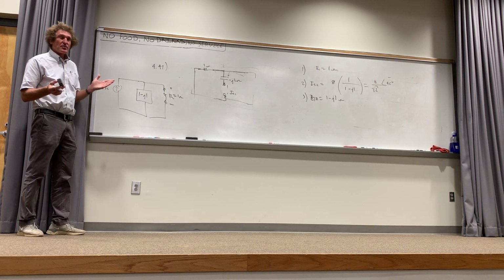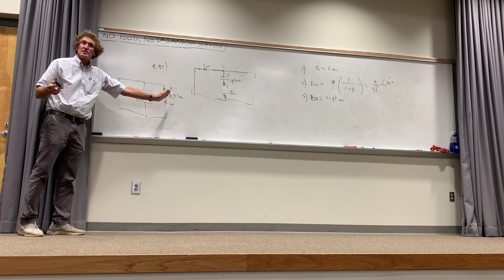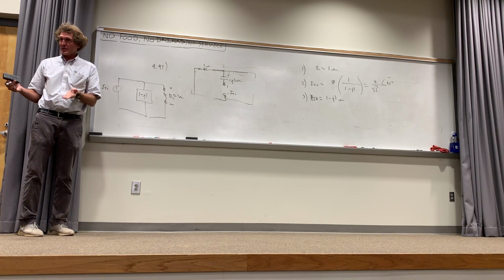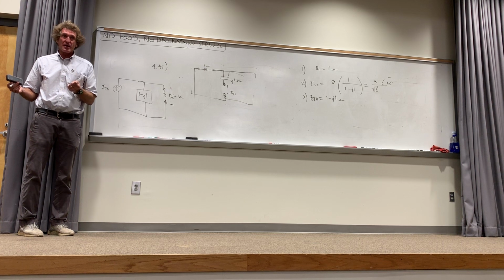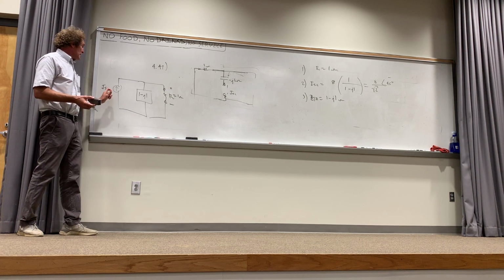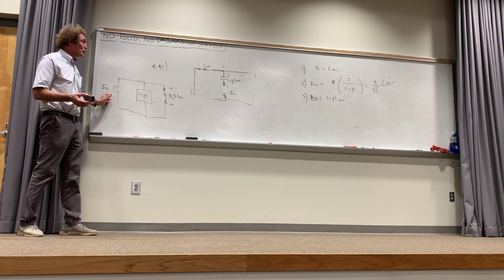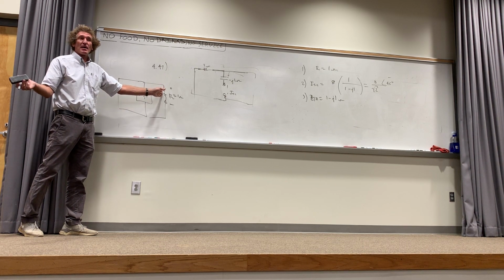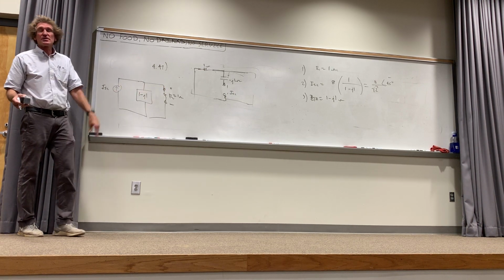One way we could do it is just get an equivalent impedance and say that equivalent impedance times the short circuit current would be the voltage, and it has to be the same on both. That's one way to do it. Another way you could do it, take the short circuit current, do current division, find out how much current goes in the 1 ohm, and then multiply it by 1 ohm. You all see me? There's many ways probably to do this. It essentially is all the same thing.